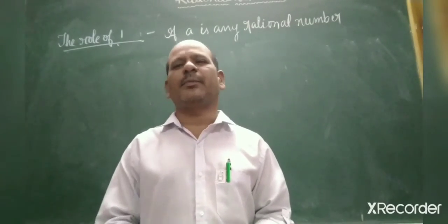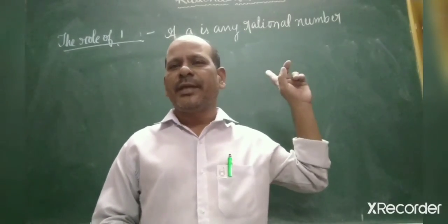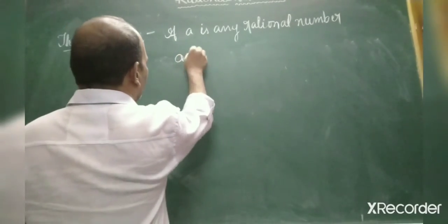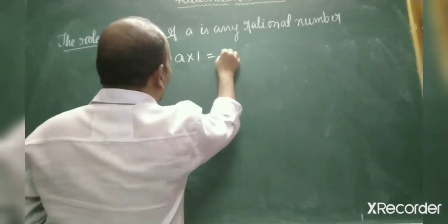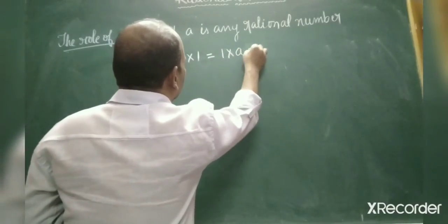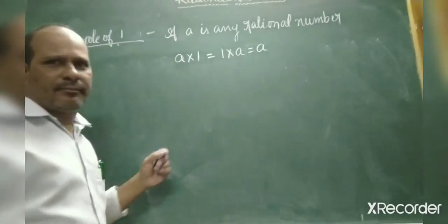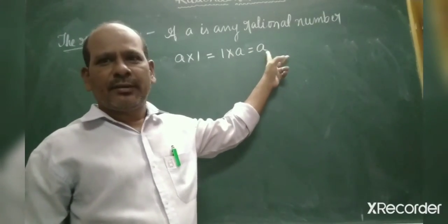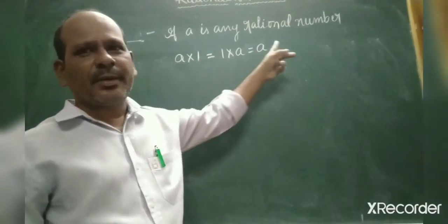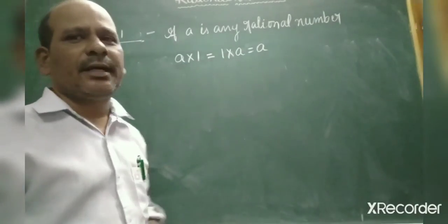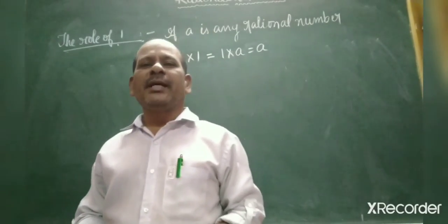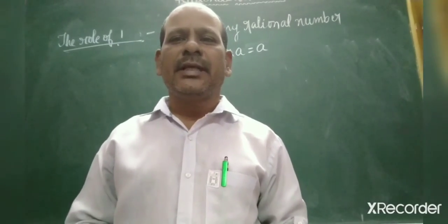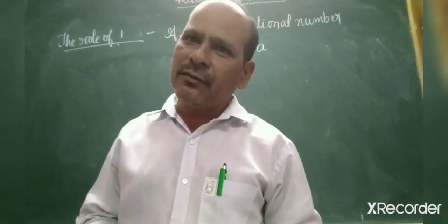For example, A is any rational number, then A into 1 or 1 into A, the answer is A only. Identity means the same answer is coming again. So we can say that 1 is the multiplicative identity of rational numbers.